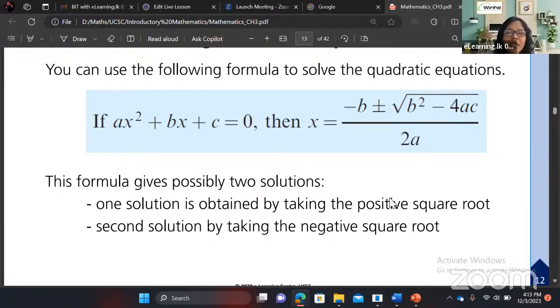So we say, if b squared minus 4ac is equal to 0, then the roots of the quadratic equation are equal. Right? It has equivalent roots.